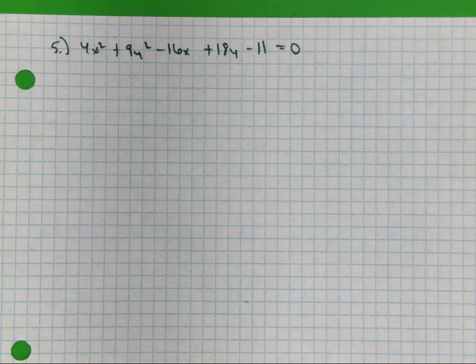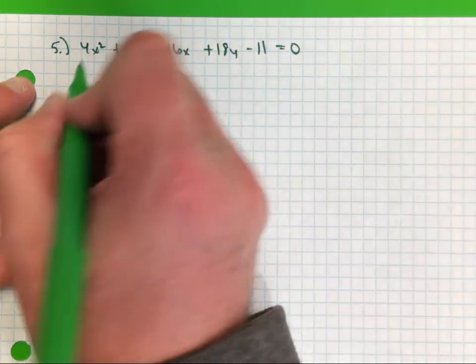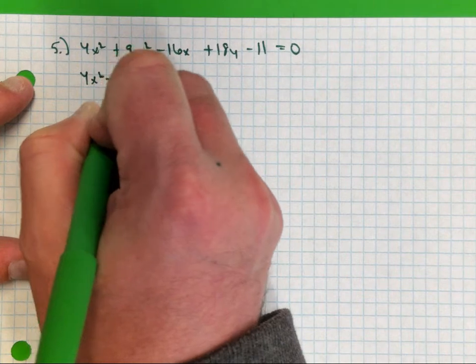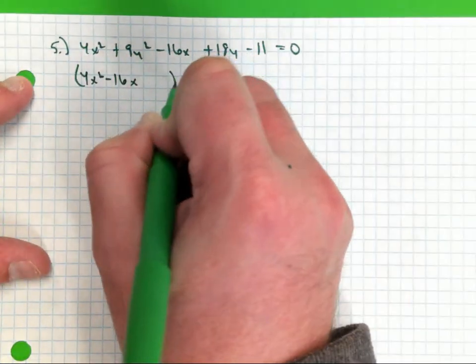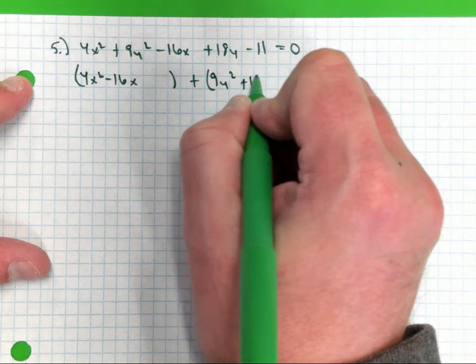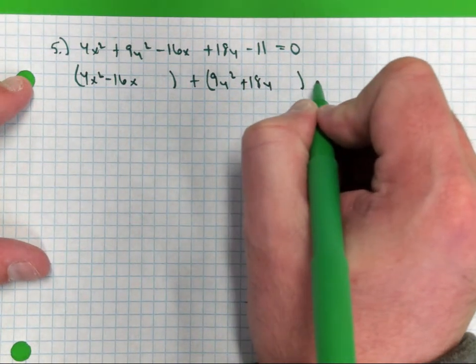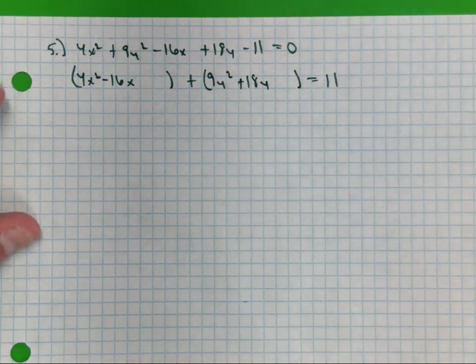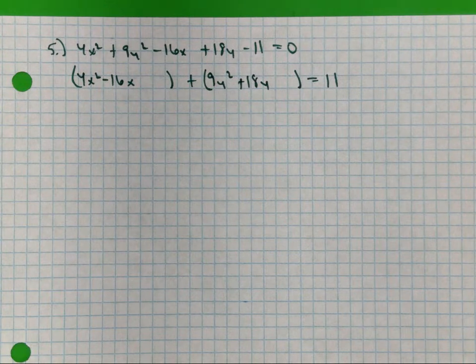But I got to make a 1 get there somehow. All right, I'm going to group my x's together. Notice I put a plus there because it's got to be a plus for it being the equation of an ellipse.